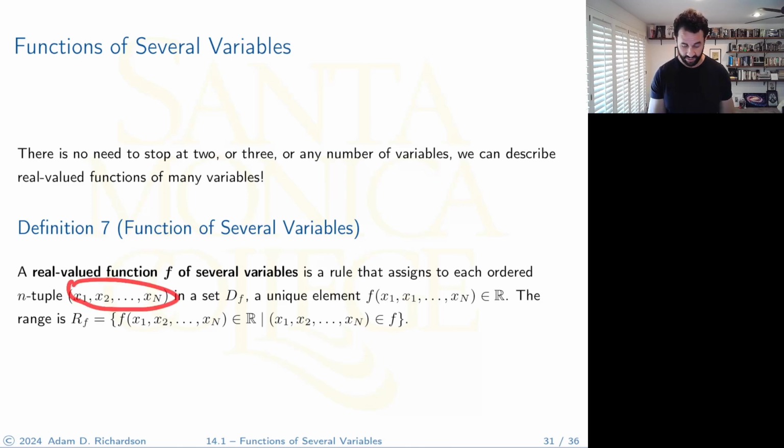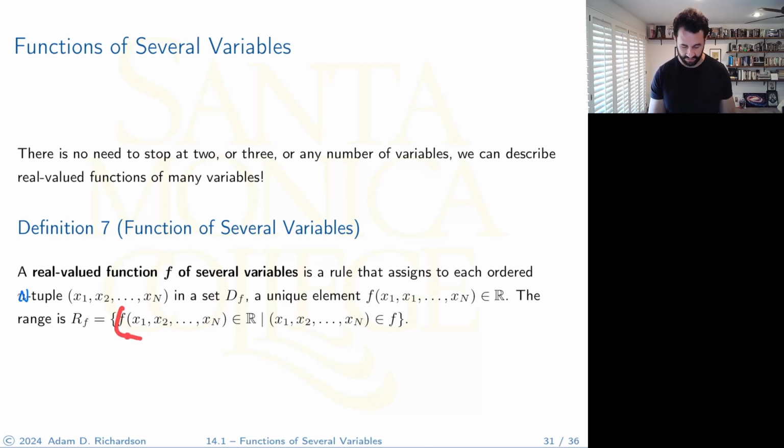Well, now you have n tuples. Sorry, a little typo there, capital N. You have n tuples for however many dimensions you need to work with, and your domain is a set in Rn. And your function is real valued, so you're going to take some point in n-dimensional space and you're going to assign it a real number. So it's analogous to an altitude, but now not as easy to visualize.